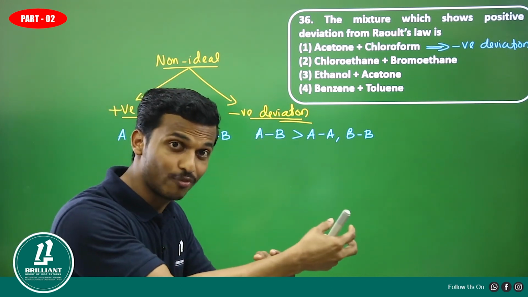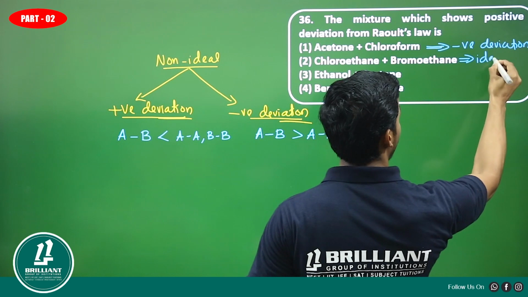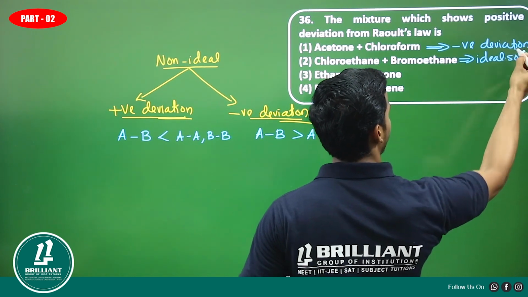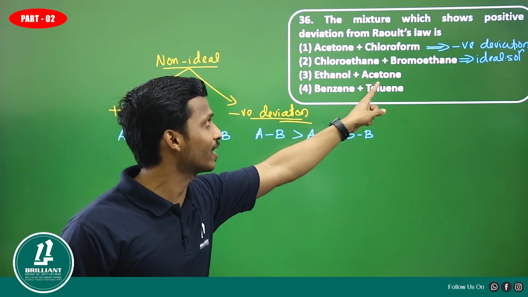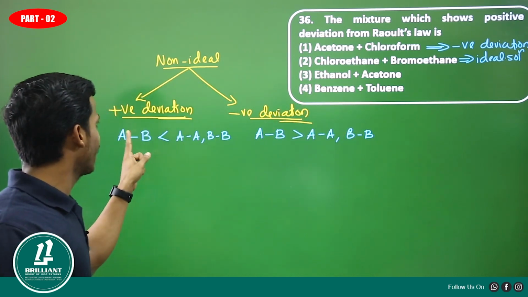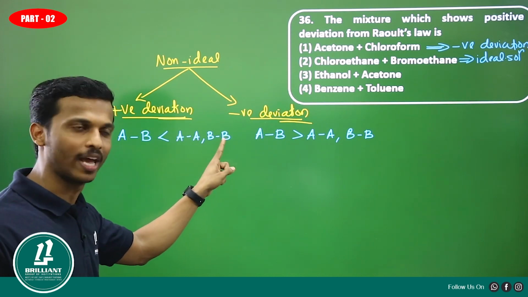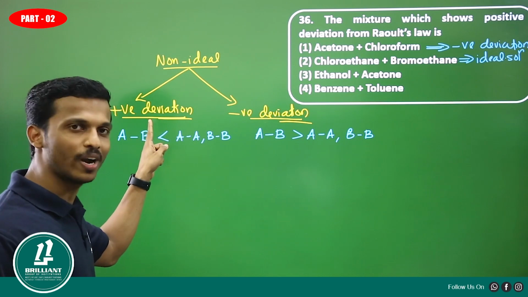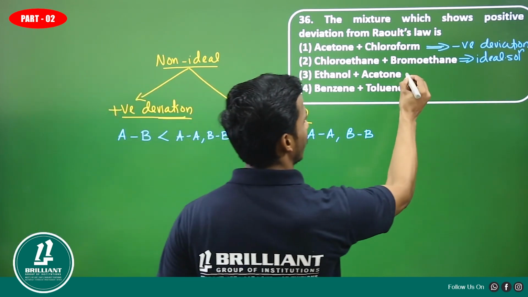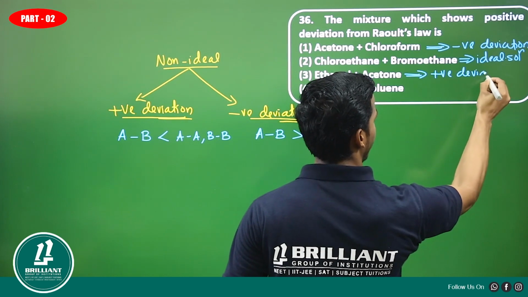So they can form ideal solutions. Then ethanol and acetone. When you are mixing ethanol and acetone, their interaction will be weaker than in their individual components. So this belongs to which one? Positive deviation. Okay, C corresponds to positive deviation.